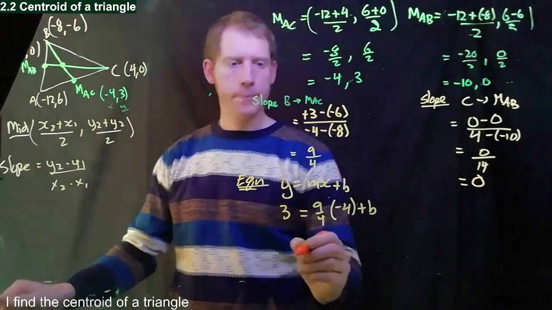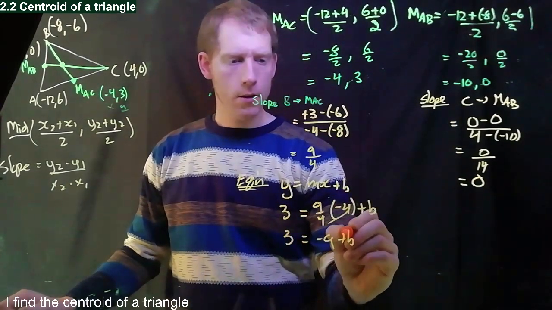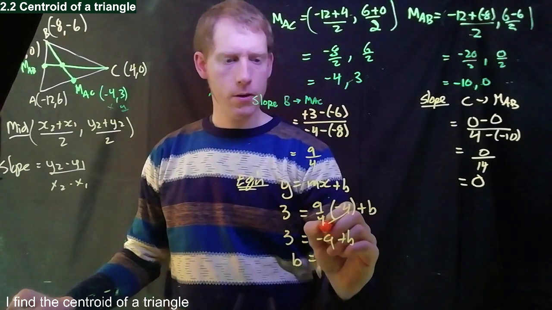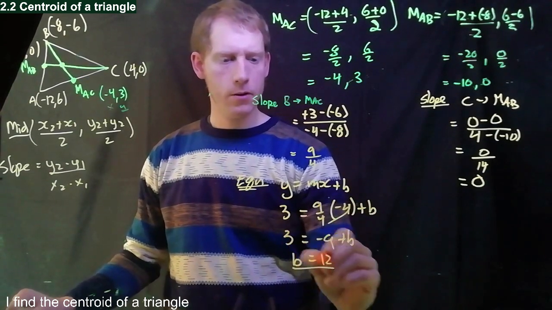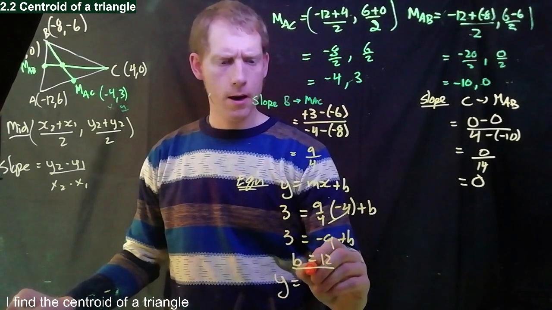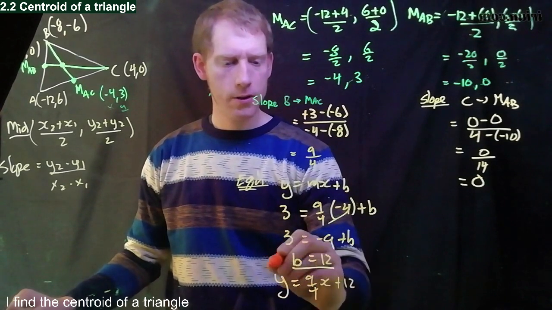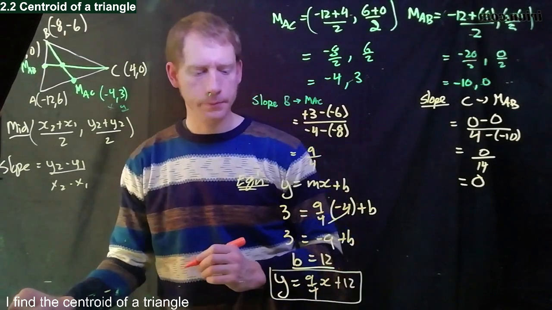Solve for b, and b is equal to 12. So the equation is slope 9 over 4 x plus 12. This is your one equation.